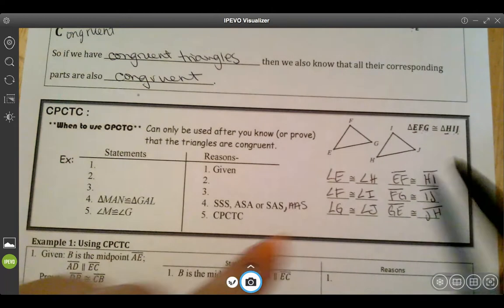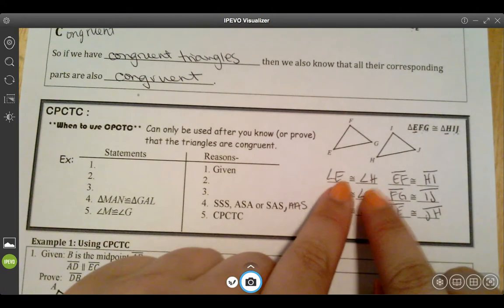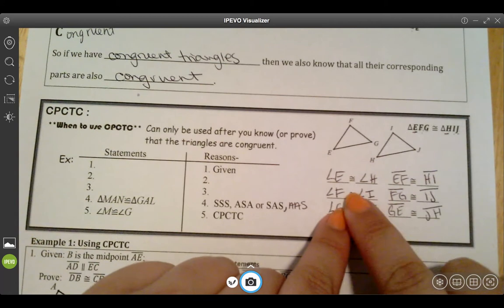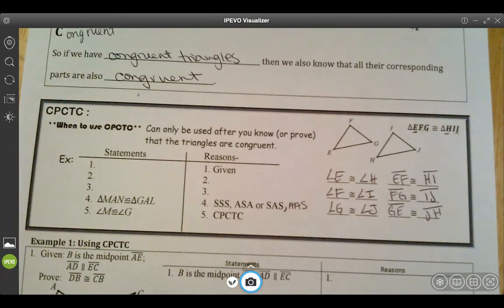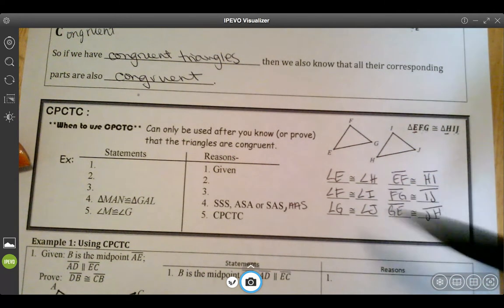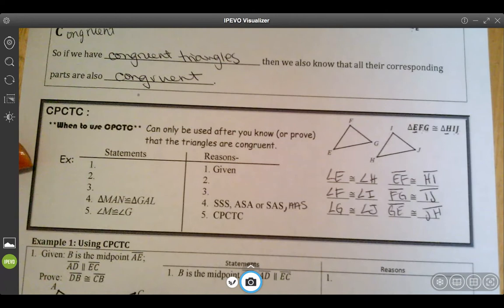And notice if I was matching these up, right, E with H, F with I, so it's almost like substitution, where we can replace each of these vertices with the opposite corresponding vertices.